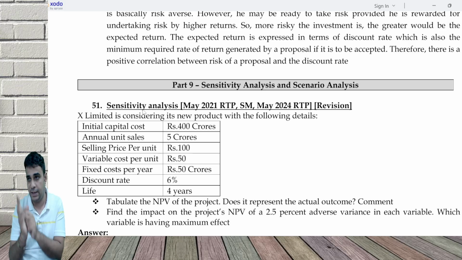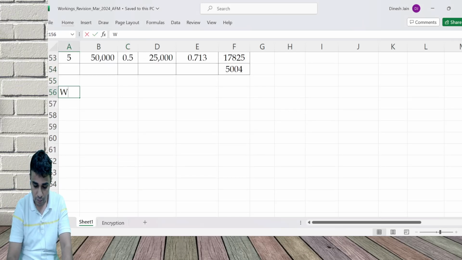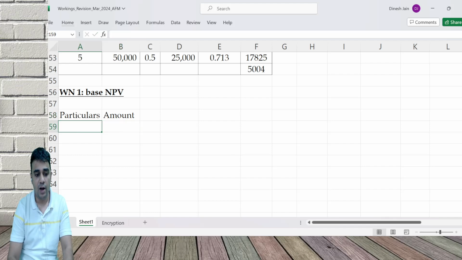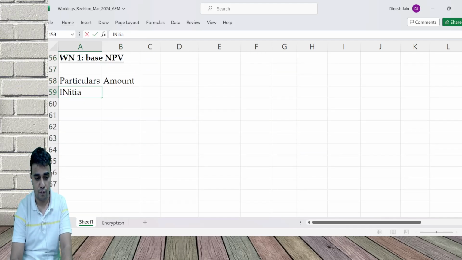What happens, I'll explain later. Let's do working note 1, base NPV. Particulars, amount. All rework I'll only take you through, only the original let's do it. Particulars, amount, initial outflow.